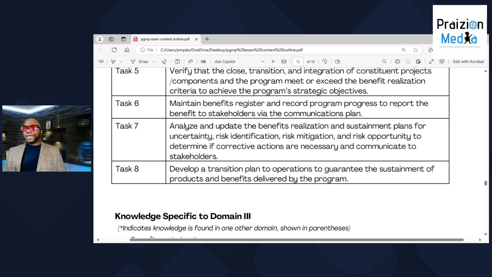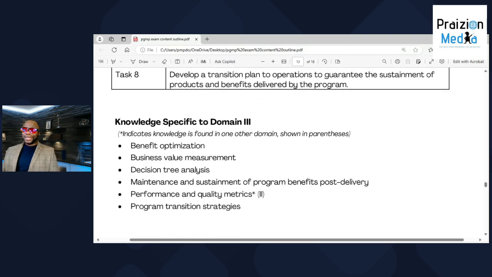So the transition plan is to hand this over to operations to guarantee the sustainment of products and benefits delivered by the program. Again, you got to understand the phase by phase nature of many of these. You start off a program, then you finish one or two projects, then you hand over, then you're continuing the program, then you get more done, then you hand over. So it's a cumulative effect on some programs, not all, but some are like that.